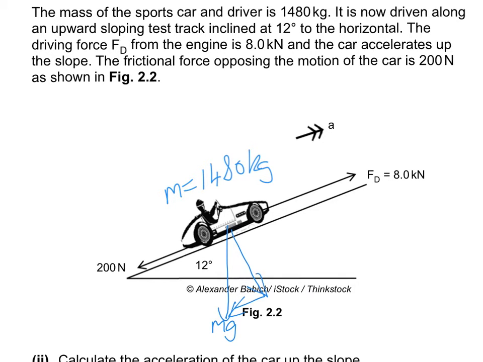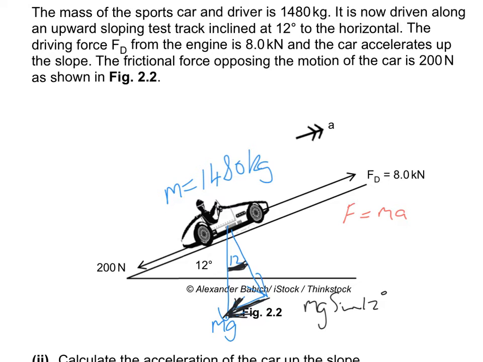A component will act into the slope, and another component will act along the slope. So this is also going to be 12 degrees. So this component that we're interested in here, which I'll emphasize in black, is the one that participates in the interaction up the slope. And it's going to have a value of mg sine of 12 degrees.